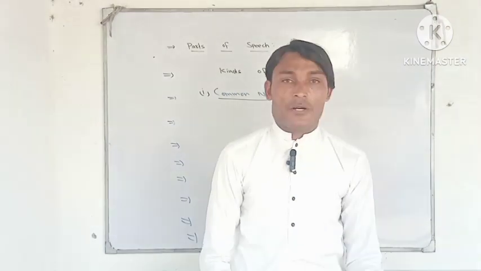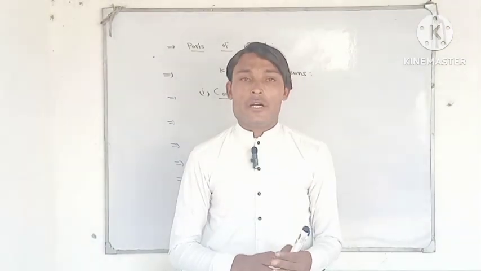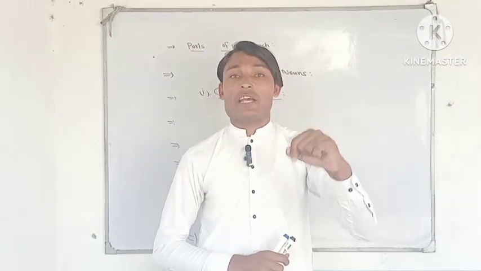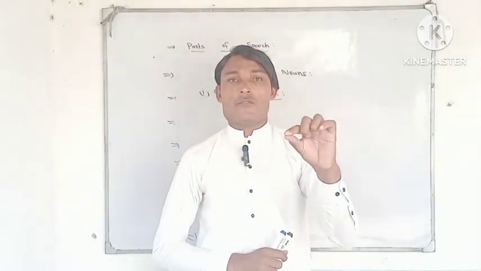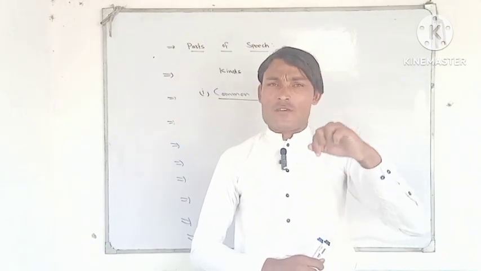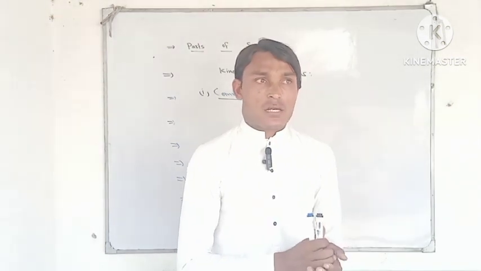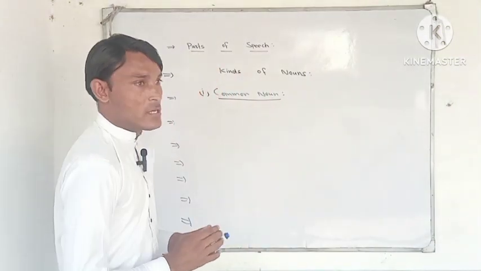When you want to write a common noun at the beginning of the sentence, the first letter of the common noun must be capital. Just look at the example: Common noun is there.